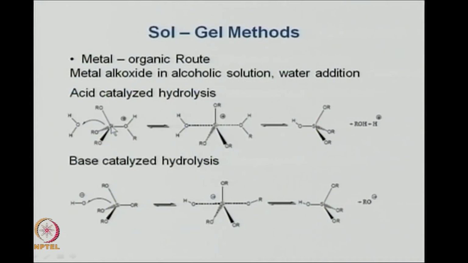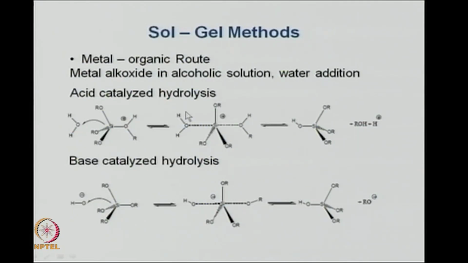If you have electron density on the silicon, then this electron density can be attracted towards the electronegative oxygen ion, and you form this kind of bond, and the alcoholic group here can be a good leaving group, giving rise to a silanol group.